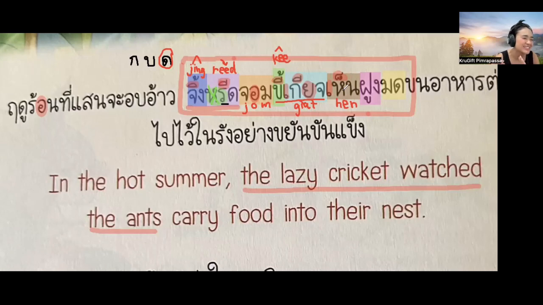So the high class consonant automatically makes its own sound a rising tone. So it's got to be hen. What does hen mean? Hen means watched or looked. In this case, it means watched. The cricket, which is lazy, watched.